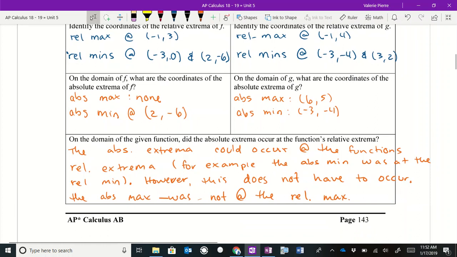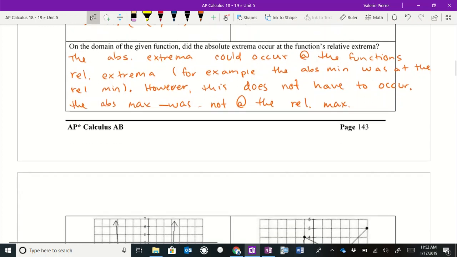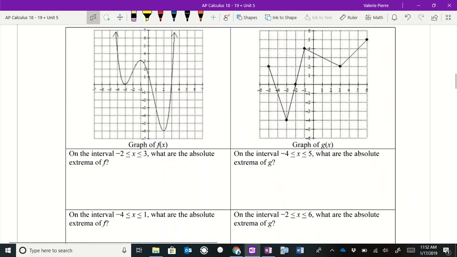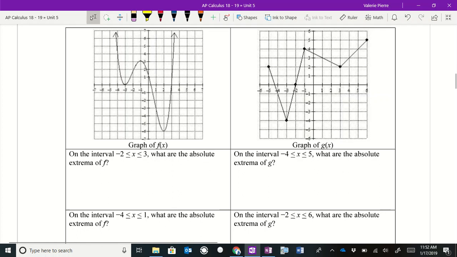Okay, so let's look. Same graphs, but now we're going to look at them at different intervals. So on the interval from -2 to 3, what are the absolute extrema of f?